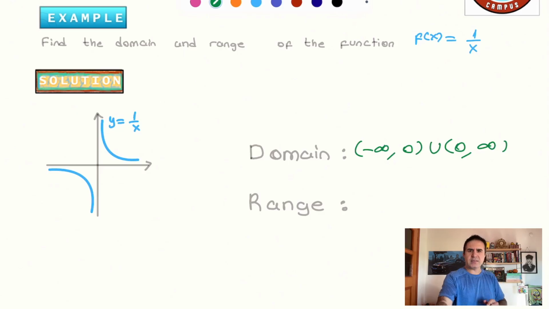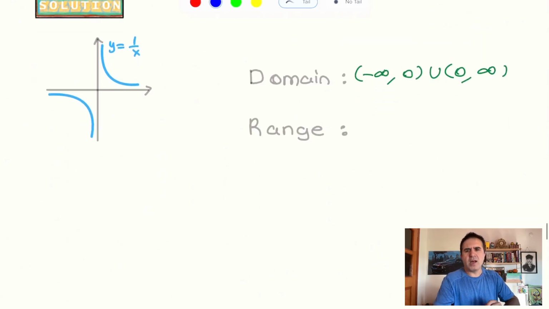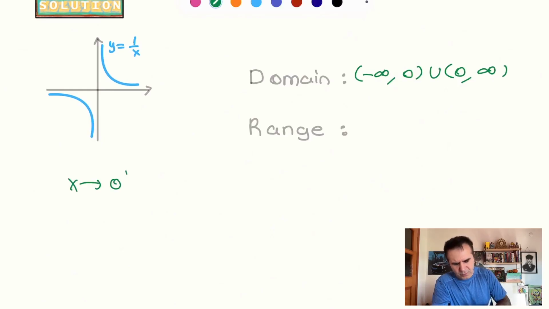The range here is all values that f of x can take. Since f of x equals 1 over x never equals 0, y equals 0 is not included in the range. And as x approaches 0 from the positive direction, f of x goes to plus infinity.